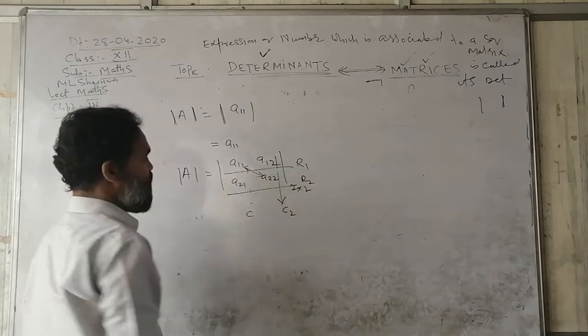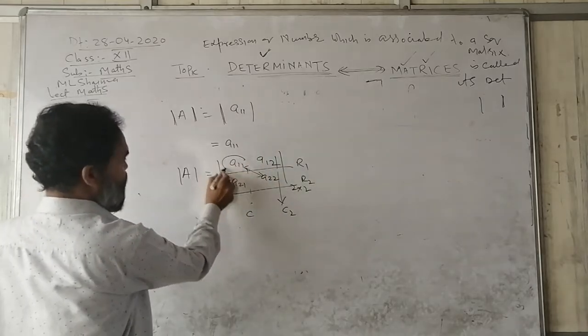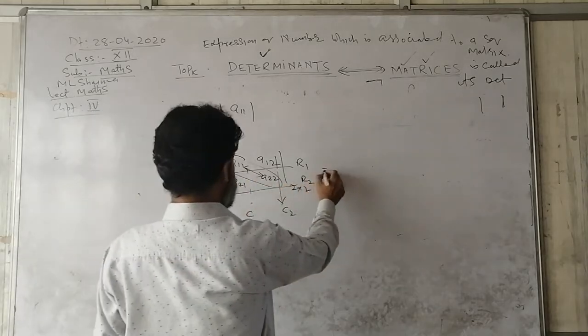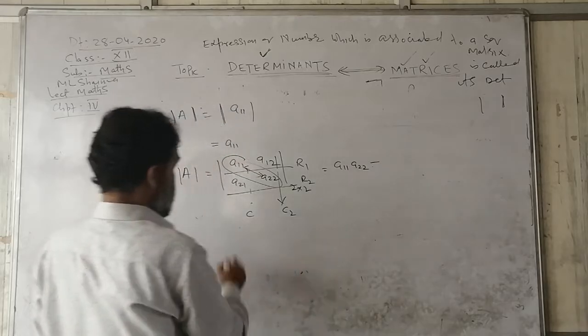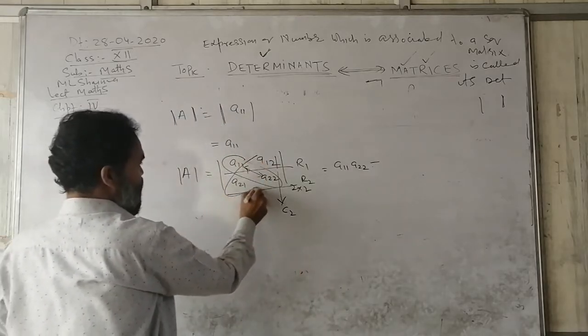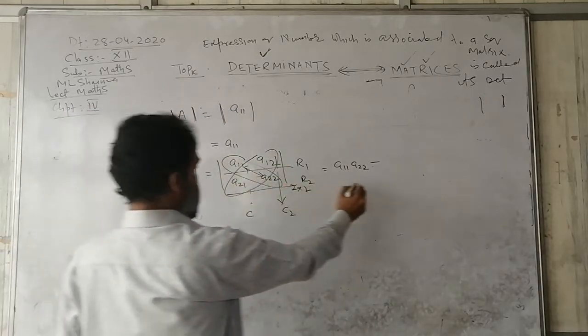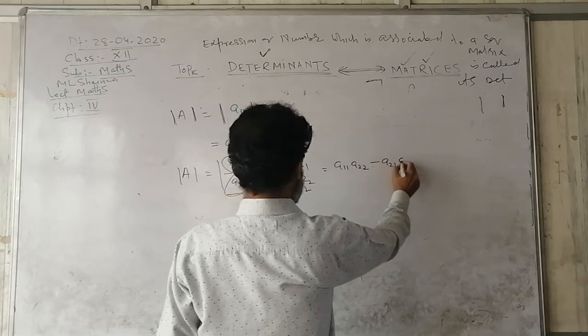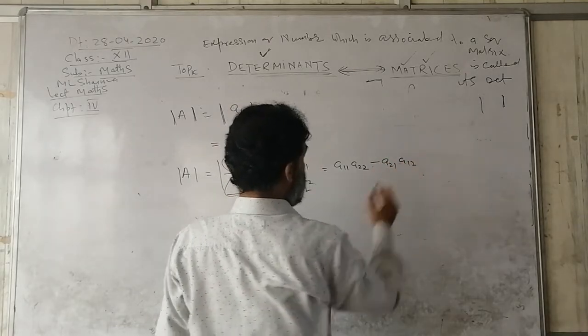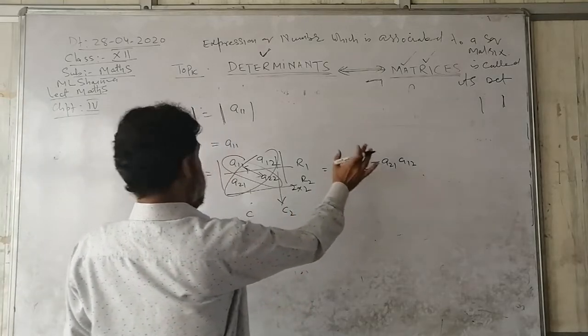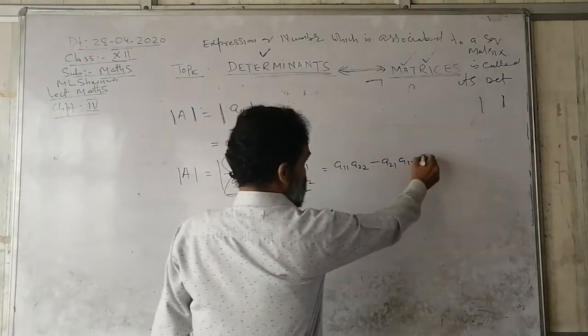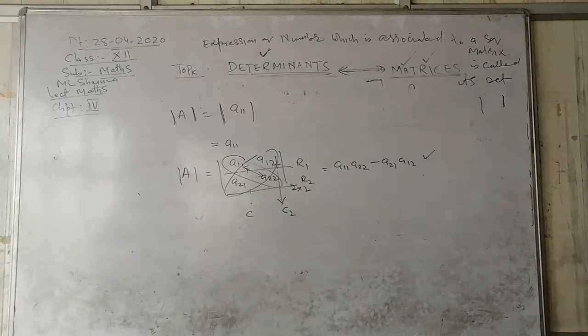This is called the principal diagonal. So I can write this as A11 A22 minus this reverse diagonal, that is A21 A12. This is the value of this determinant, and this way we calculate this value.